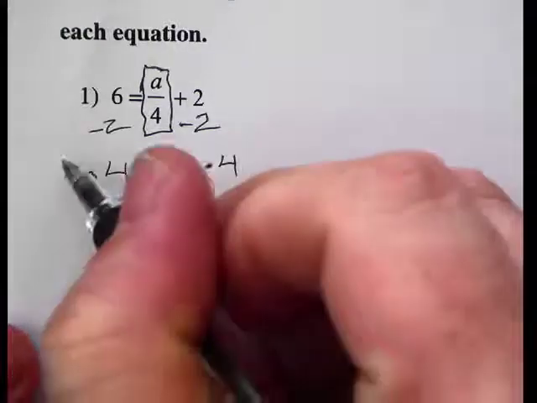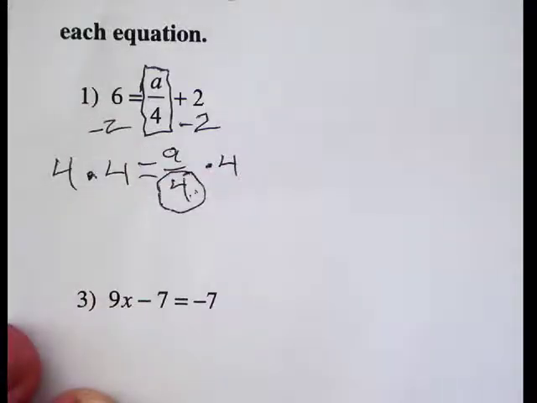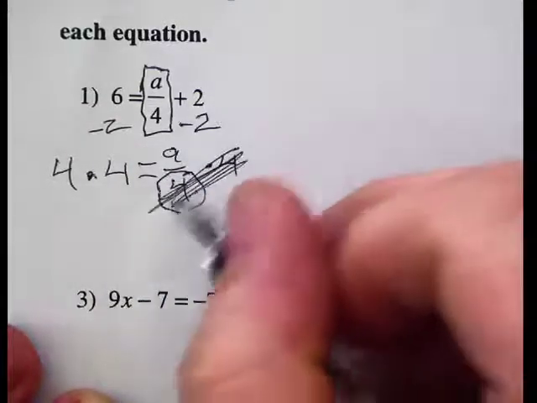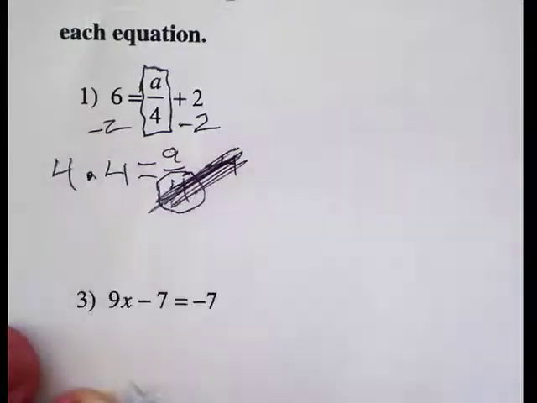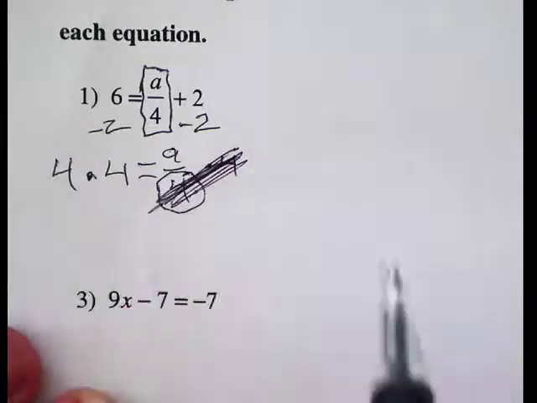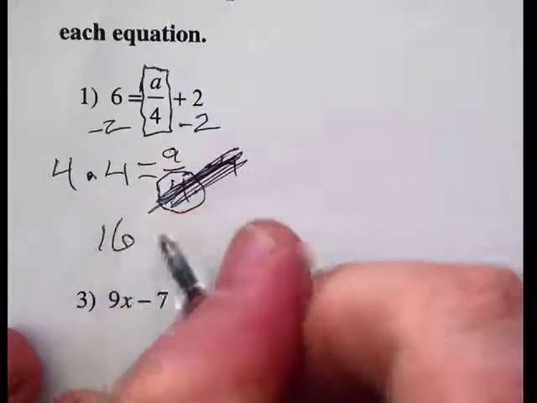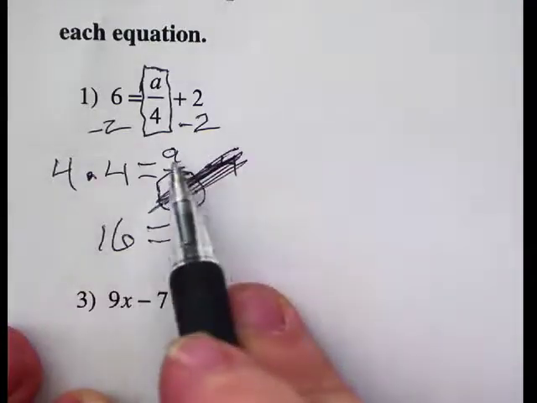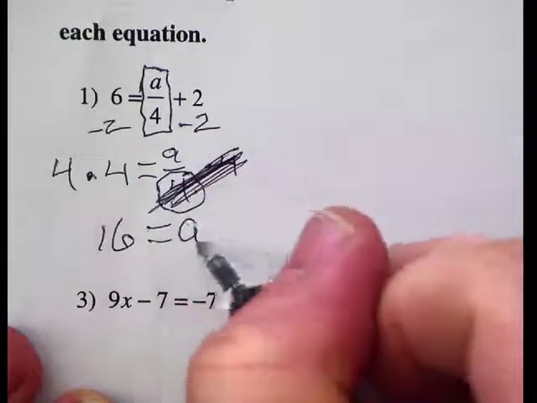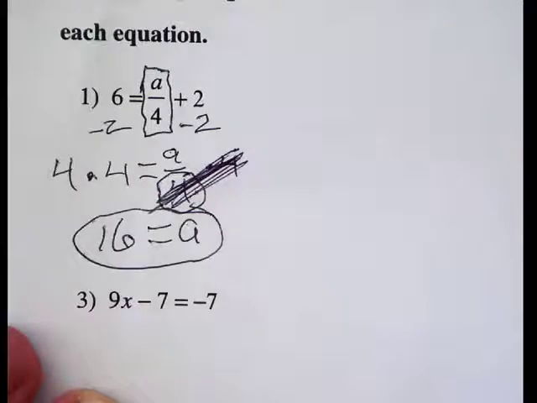Both sides. Don't forget, you have to do it to both sides. That gets rid of this piece right here, and we're left with 4 times 4 over here is 16 equals, and then the only thing left here is a. And that's the answer.